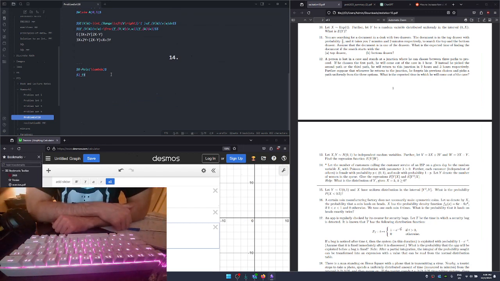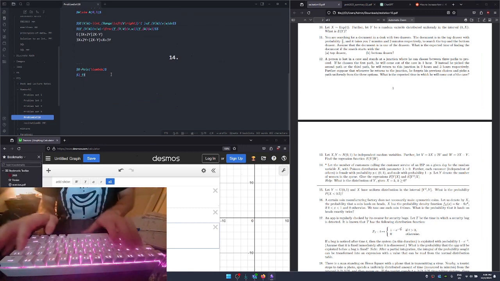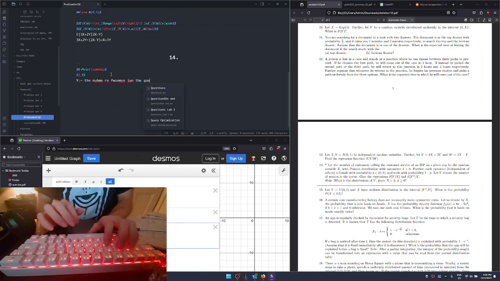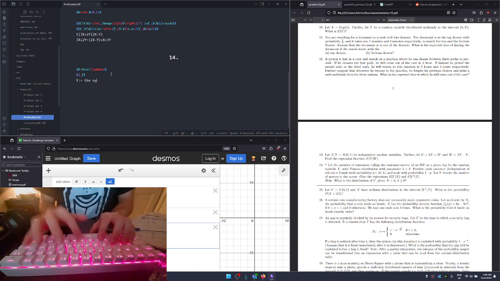And let Y denote the number of women in the queue. So let Y equal the number of women in the queue.